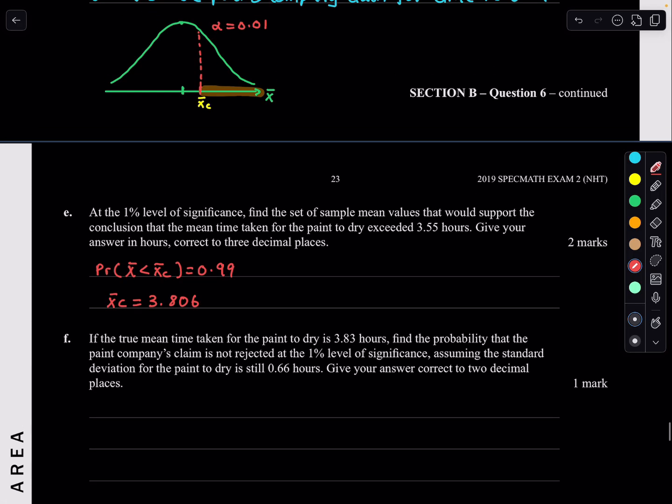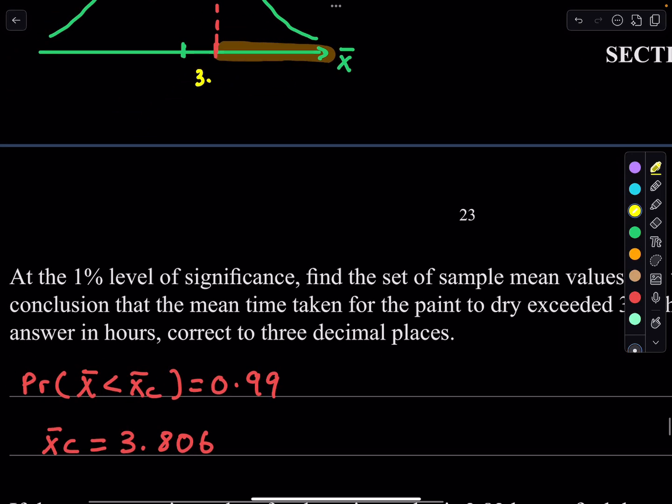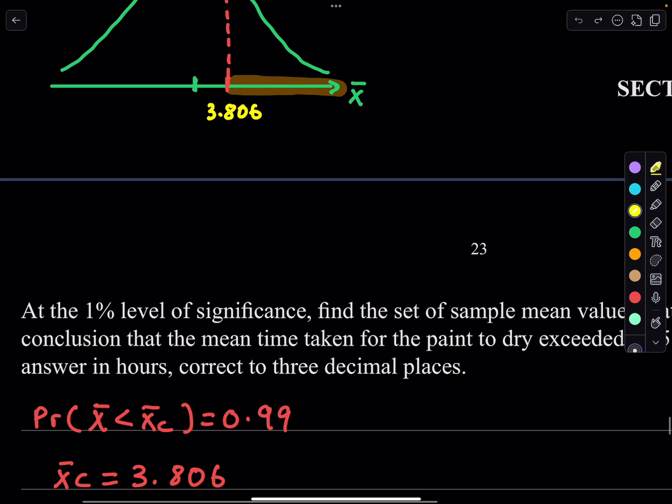You remember, we're saying find the set of sample means. Well, now we know this x bar value here, which is 3.806. It's the values that are greater or equal to 3.806.